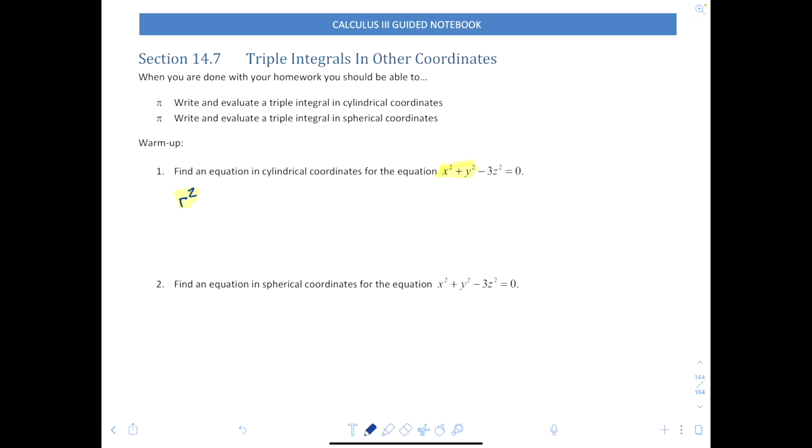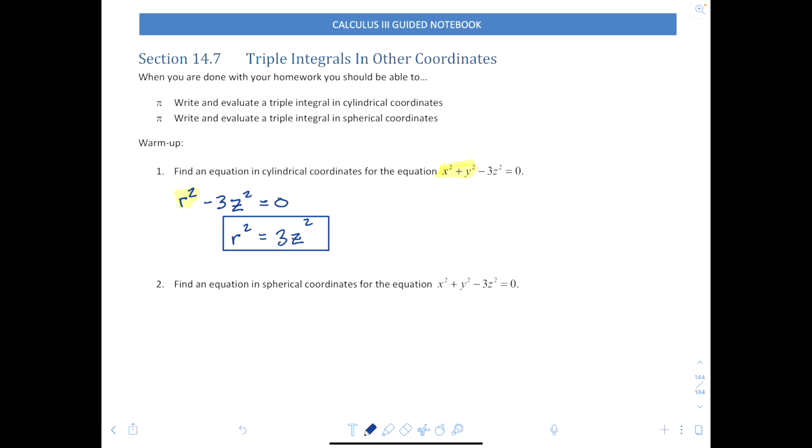And then we still have our minus 3z squared hanging out, and that's all equal to 0. So typically we would isolate the r squared, and that would give us r squared is equal to 3z squared, and we're good to go. So that one wasn't so bad, right?